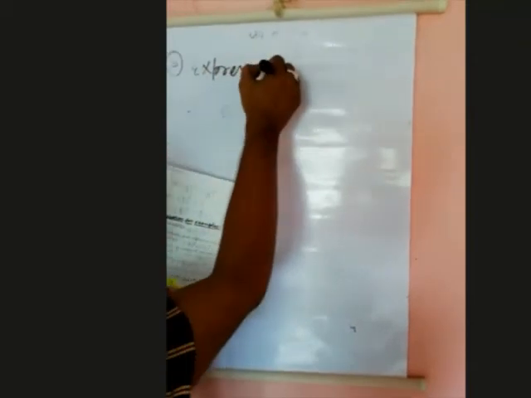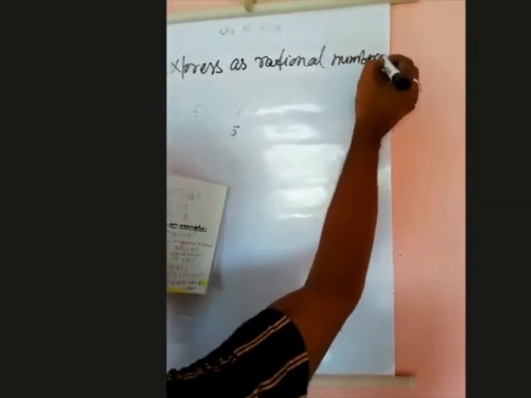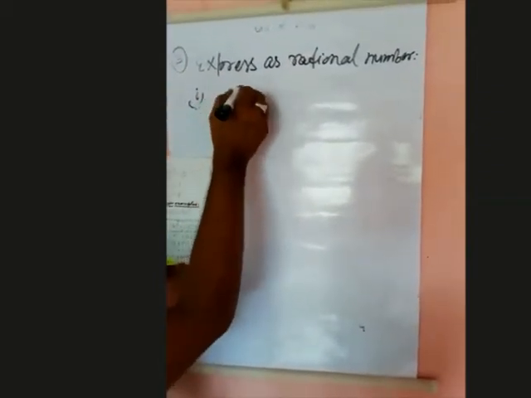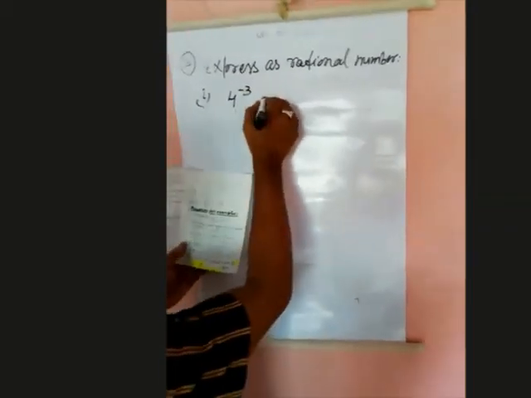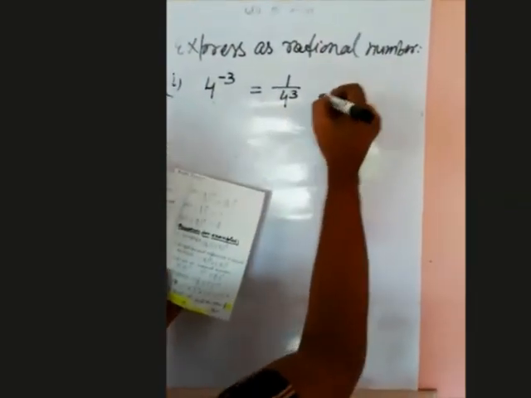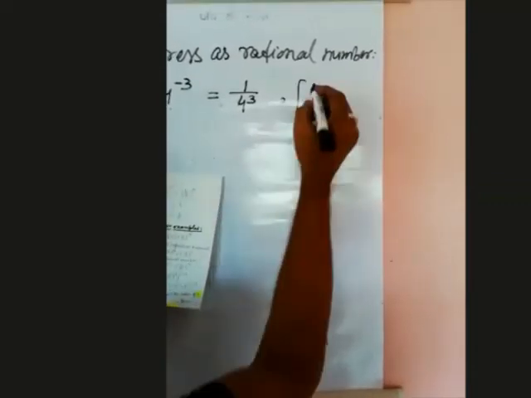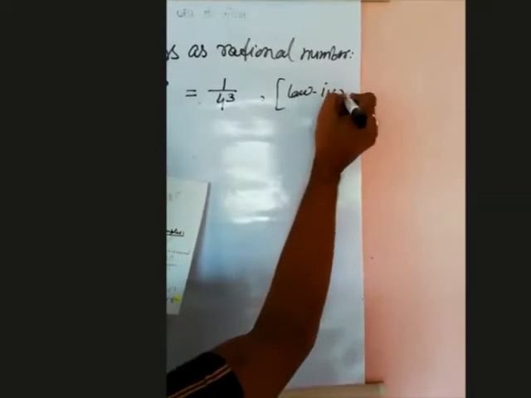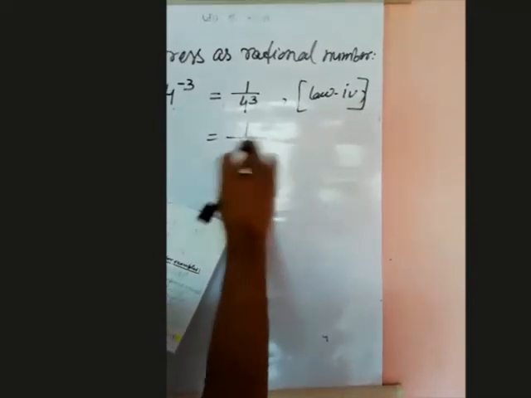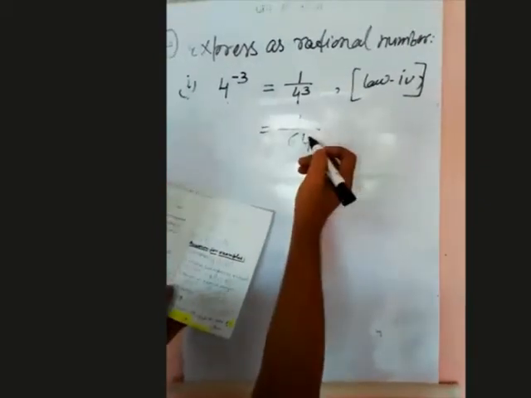First, 4 to the power minus 3 equals 1 upon 4 to the power 3, according to the rule. This equals 1 upon 64, since 4 fours are 16, 16 fours are 64.